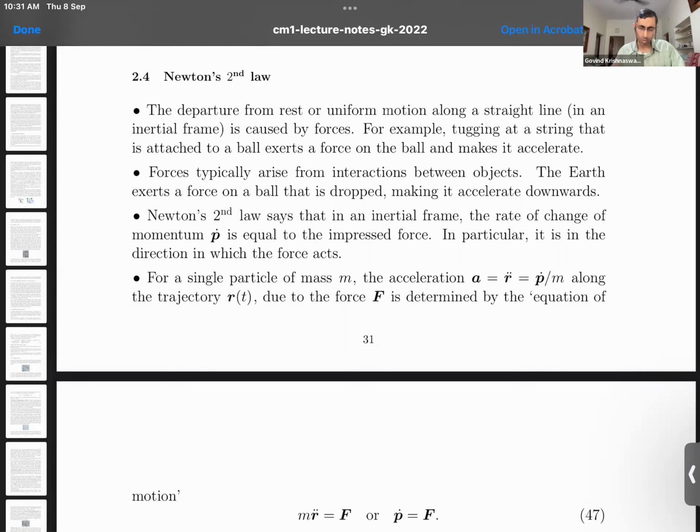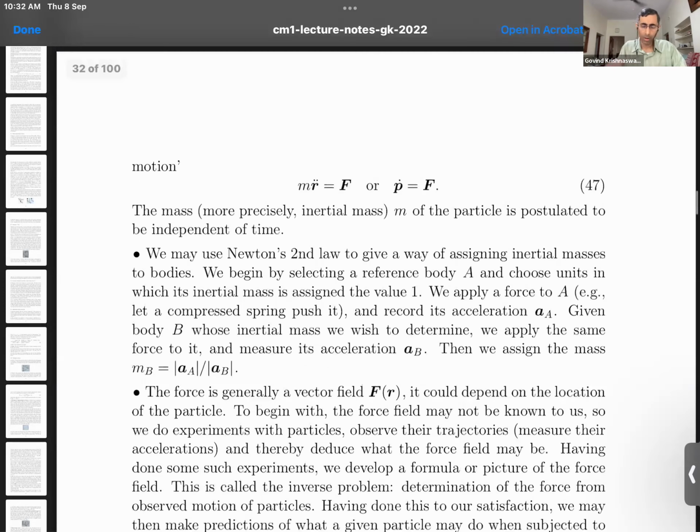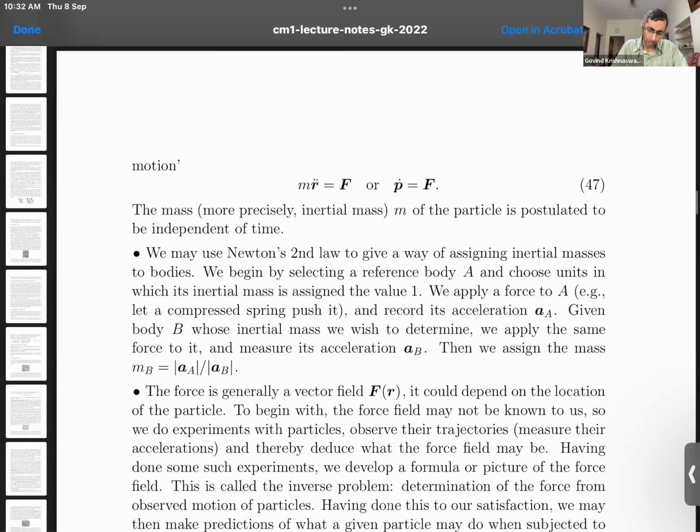Yeah, so recall that Newton's second law was the statement that in an inertial frame of reference, the acceleration times the mass of the particle is given by the force. So there are many ways to interpret this.